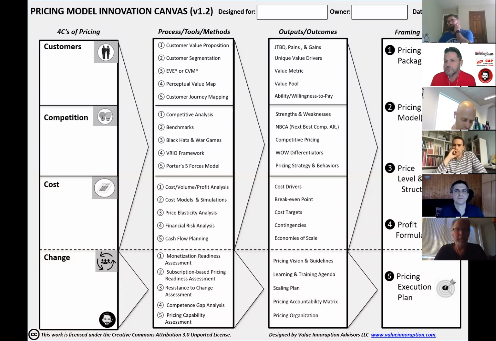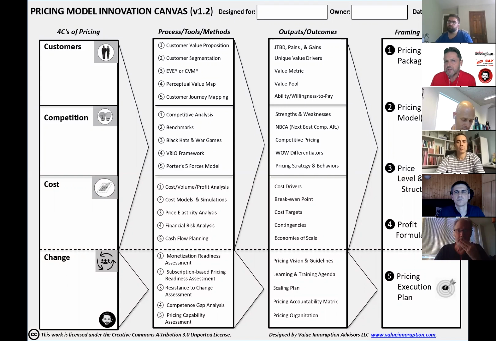So it is a bit overwhelming, but if you use the canvas, focus on repeating that it's work that's being done by multiple people, and because pricing is multifunctional, we need to gather all that input into one location. That's a goal of the exercise, and then all the outcomes obviously inform the strategy of pricing.